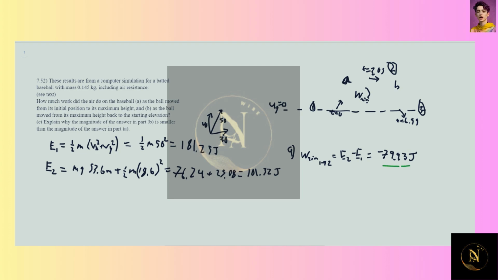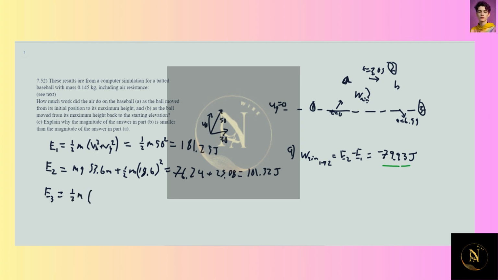Part B is going to be the difference between energy 3 and energy 2. Now that we're at the base, we have potential energy equal to 0, so we just have kinetic energy. So we have 1/2 mass times velocity squared.